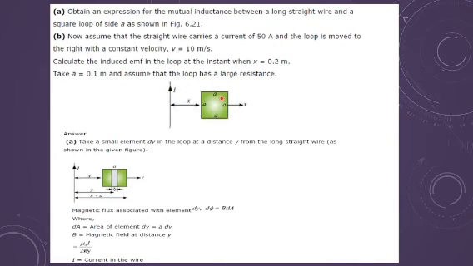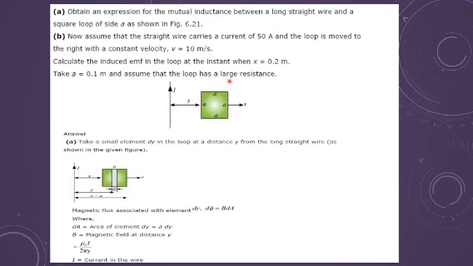Because they are asking, current is passing through this wire and your loop is allowed to move with the constant velocity v, which is equal to 10 meter per second. You have to calculate the induced EMF in the loop when x is equal to 0.2 meter. They are asking you to take side equal to 0.1 meter and assume that the loop has a large resistance.